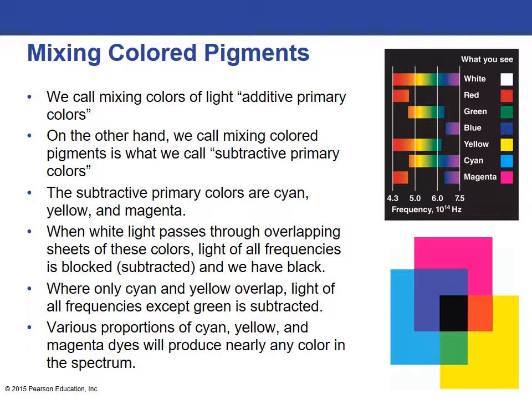If you were to look through cyan and yellow sheets and overlap those, all of the frequencies except for green are subtracted, and that's why we see green. So various proportions of cyan, yellow, and magenta dyes will produce nearly any color in the spectrum. Again, these are subtractive primary colors.